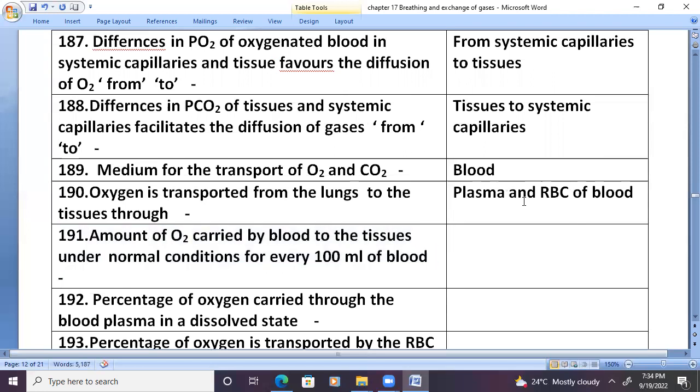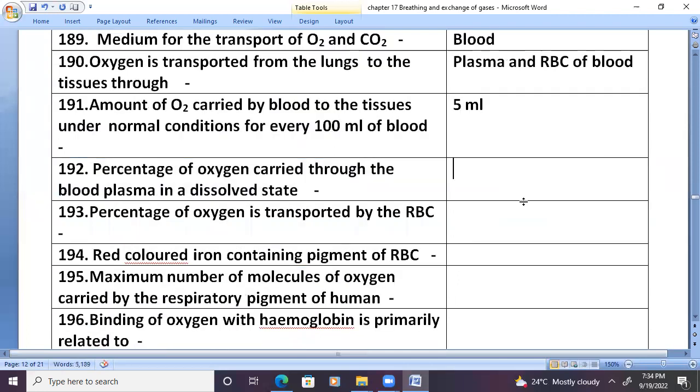The amount of oxygen carried by blood to the tissues under normal conditions is 5 ml for every 100 ml of blood. 3% of oxygen is carried through the blood plasma in a dissolved state, and 97% is transported by the RBCs.